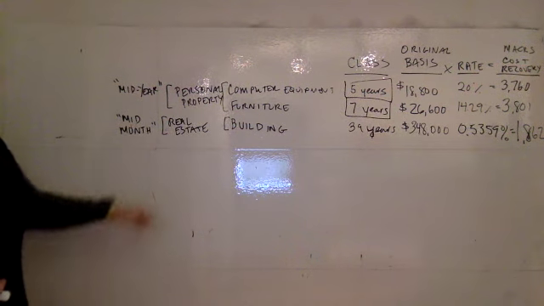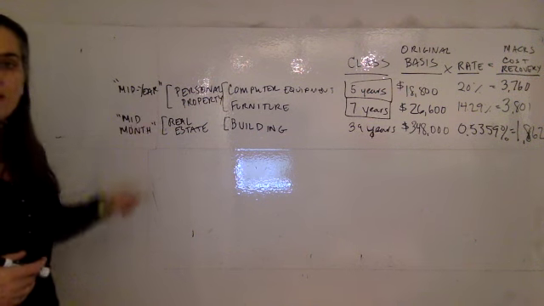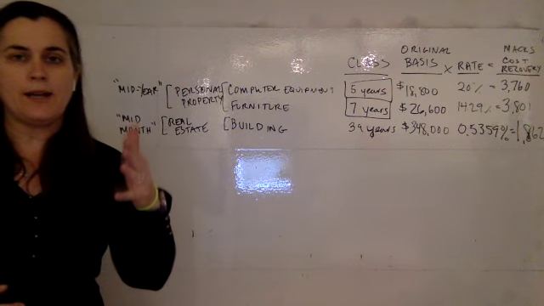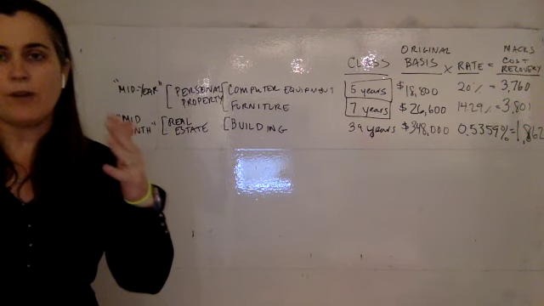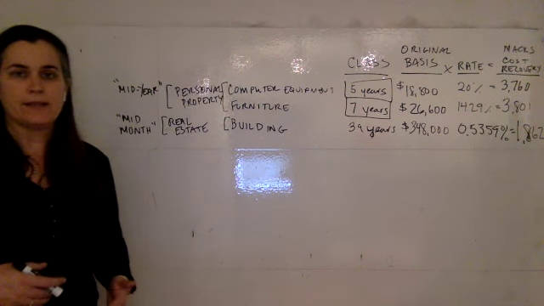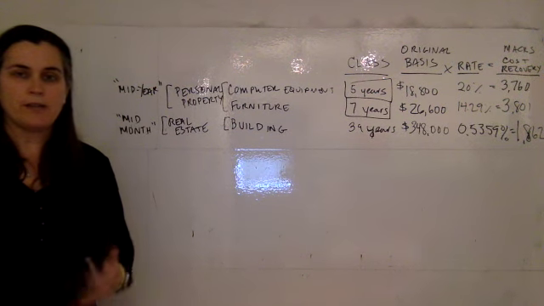For personal property, we're going to assume what's called a mid-year convention. Imagine if you bought property on January 20th, or at the end of the year, let's say November 15th. You can buy property at various points in the year.